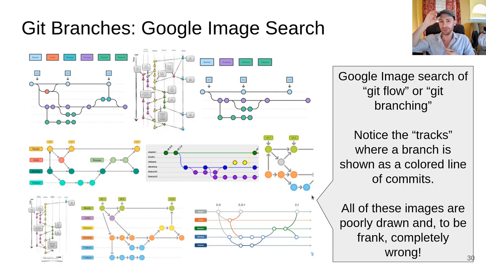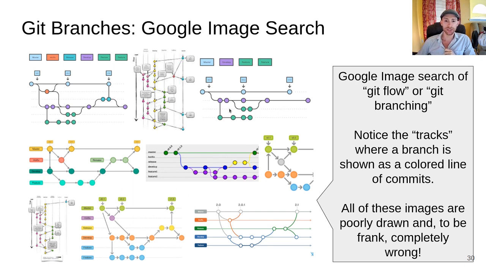Now, if you do a Google image search of Git flow or Git branches or really just Git, you're probably going to end up with a lot of these images showing up or something similar to these images. And you'll notice here that they're often drawn with tracks. It's difficult to see, but this top track's called master. That is supposed to be the master branch, and the commits are on the master branch. And there's hotfix, release, develop, feature 1, feature 2.